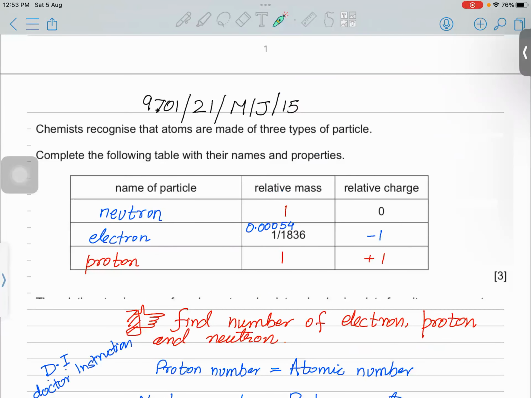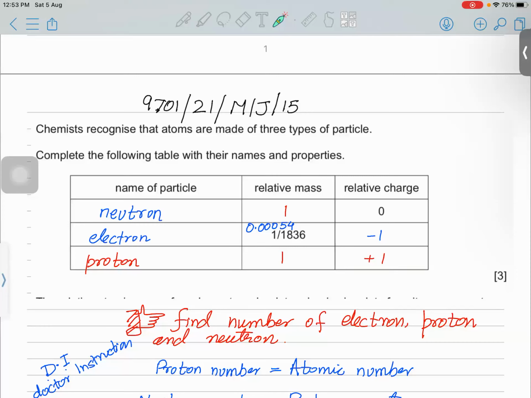Now, then we did 2015 May June variant 21, and the question was to complete the table, right? So can you tell me which particle is lightest? Electron, right? Can you tell me the relative mass of electron? Yes, sir. 1 by 1836.